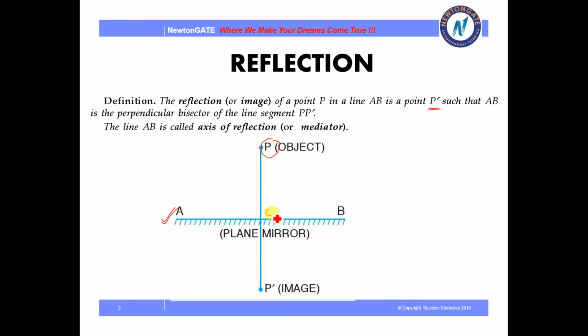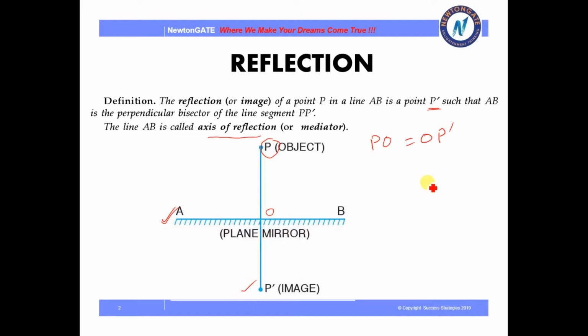Let's say this intersection point is O. Perpendicular bisector means that PO is equal to OP dash. AB is called the axis of reflection, as in the point P is reflected on AB and gives us an image P dash.